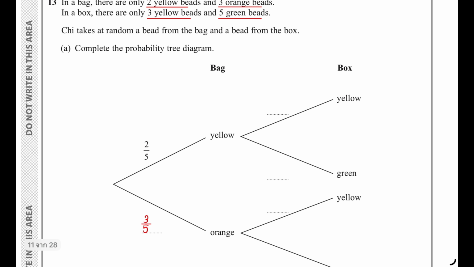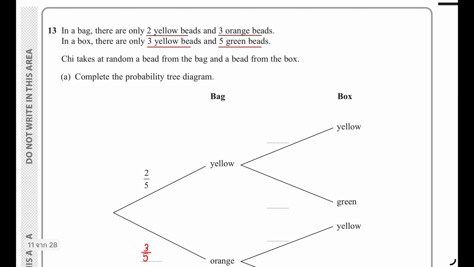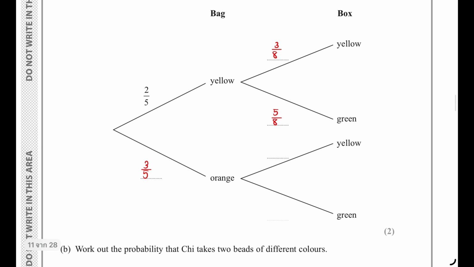But then from here, for the box, we have a total of 8, right? So for yellow, it will be 3 over 8. And this one will be 5 over 8. Same thing for here. It will be 3 over 8. And 5 over 8.